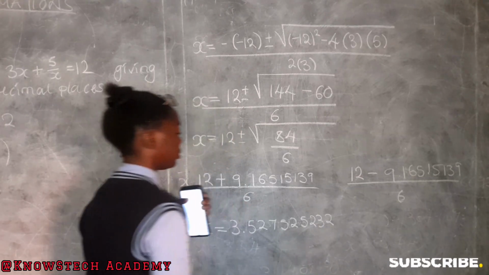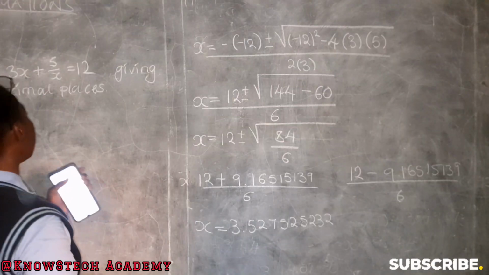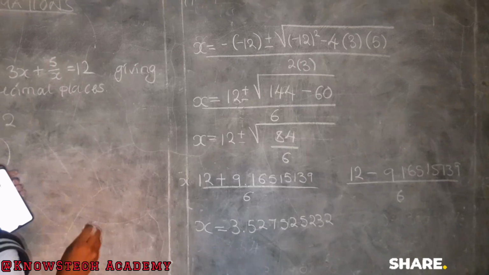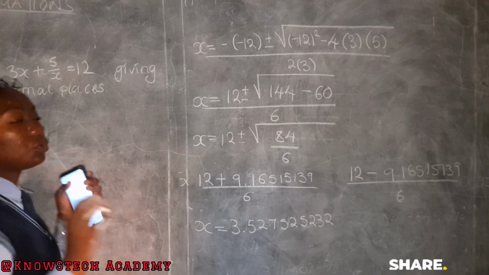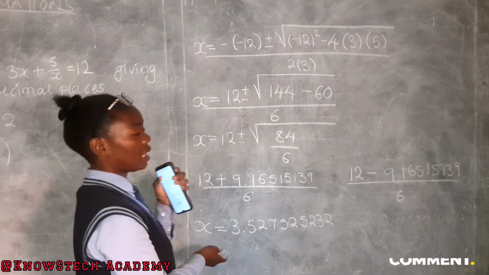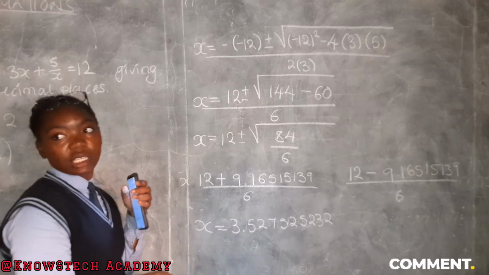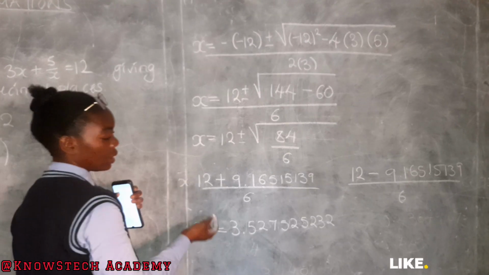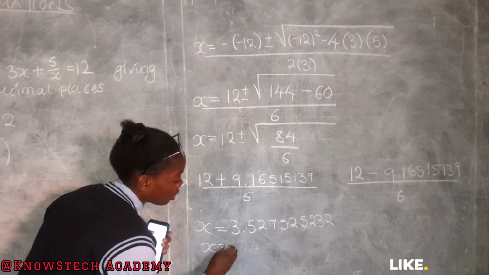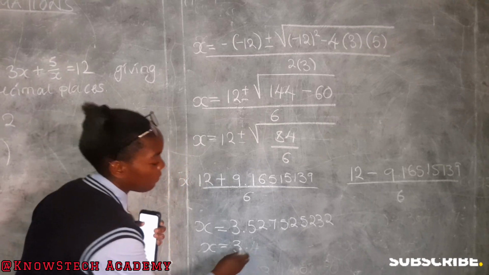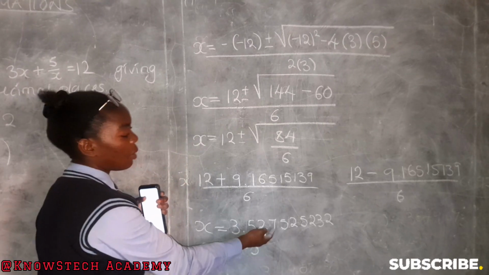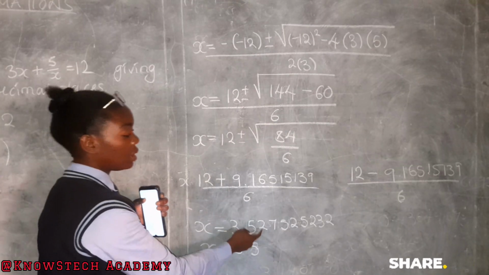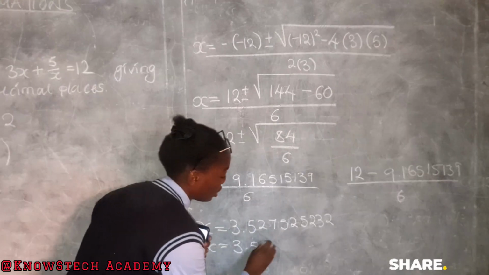Then remember, our question is saying that when we find our answer, we're supposed to write it correcting to 2 decimal places. So the answer we found here is not corrected to 2 decimal places, so we're supposed to correct it. So it's going to be x is equal to 3.5, since here we've got a 7 in the second place and 7 is greater than 5. So we're supposed to add, meaning we're going to have a 3 here.